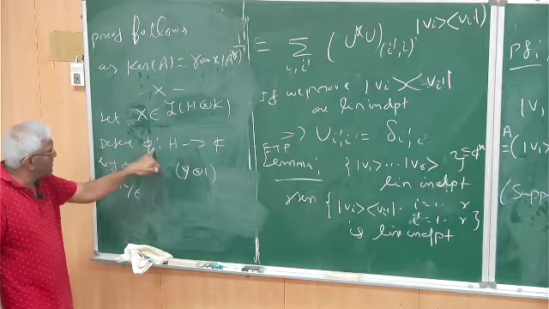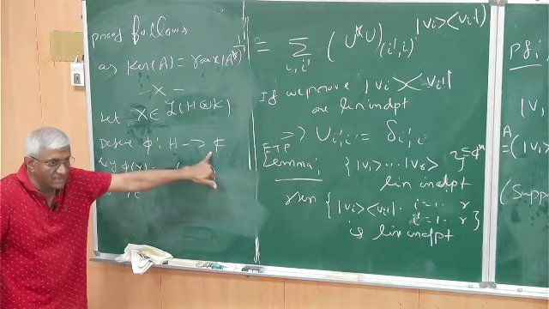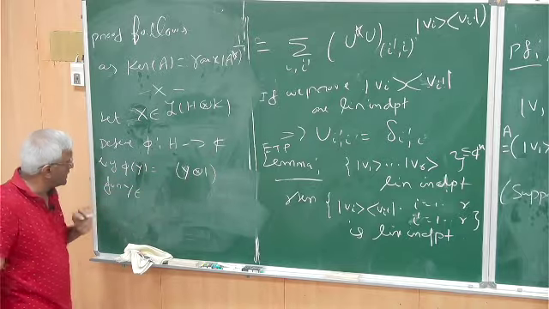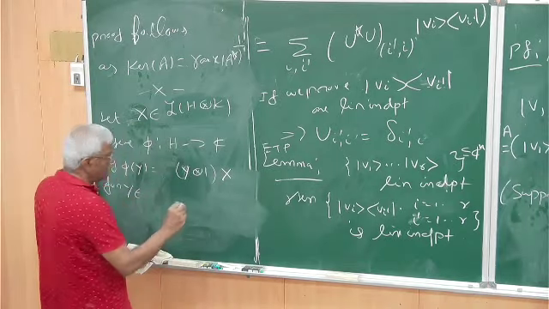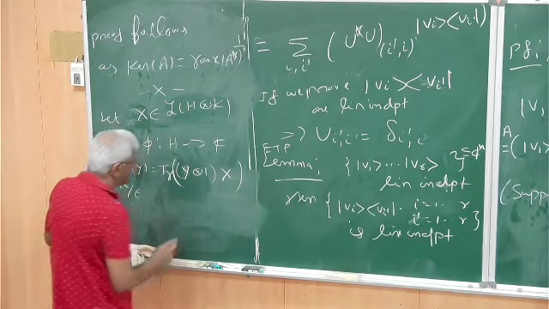So you define a linear functional phi from L of H to C such that phi of Y, you take Y tensor 1, then you multiply with X, then you take the trace.